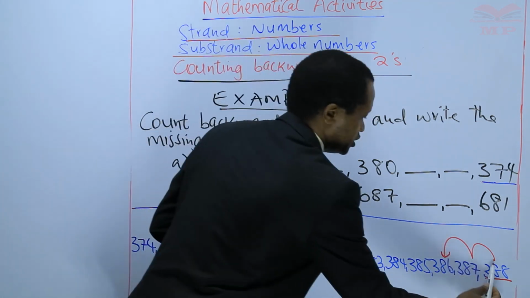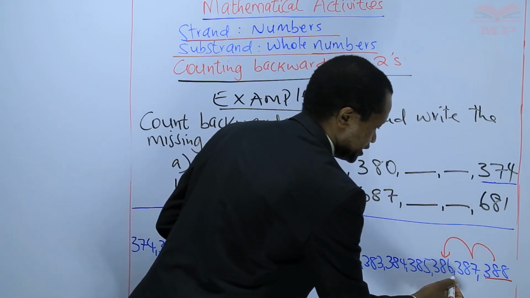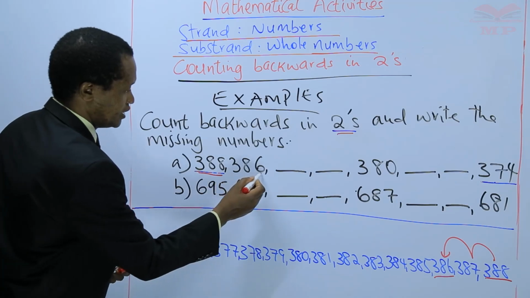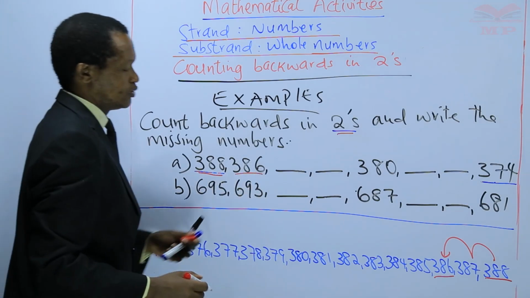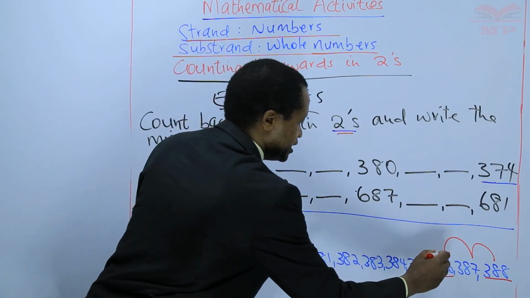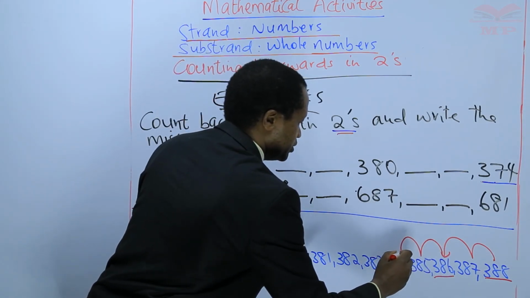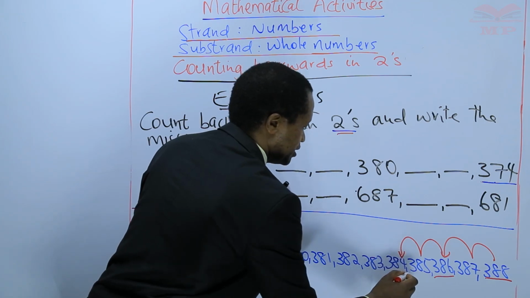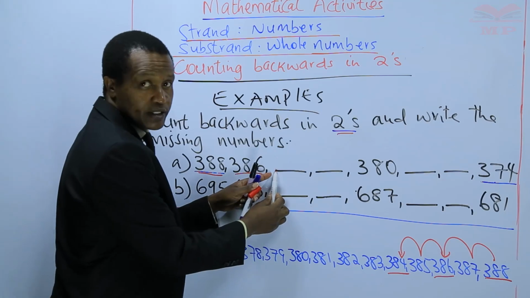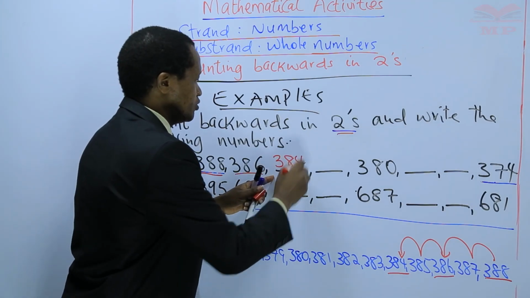When you move 2 times backwards from 388, you get 386, and that's what we have here. Then what is the missing number here? We come to 386 and move back 2 times, 1, 2. We get 384. Therefore, the missing number here is 384.